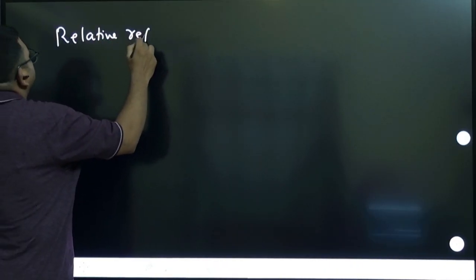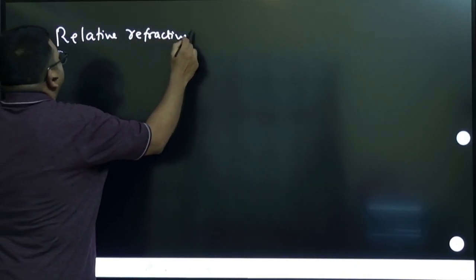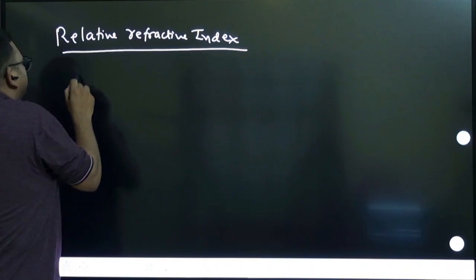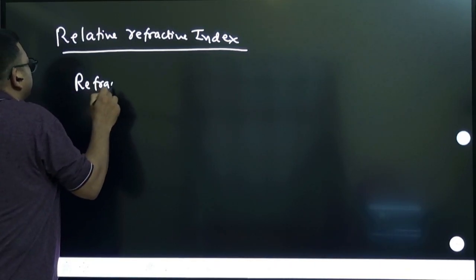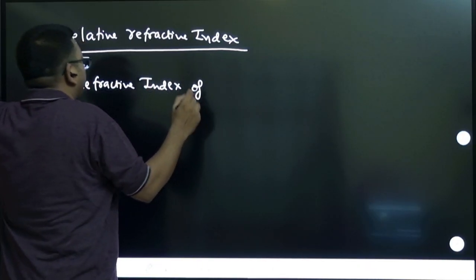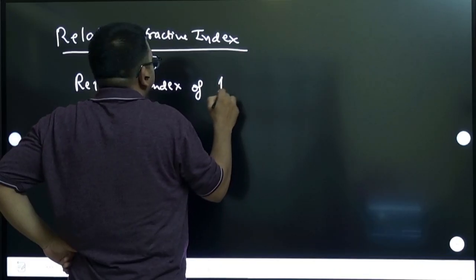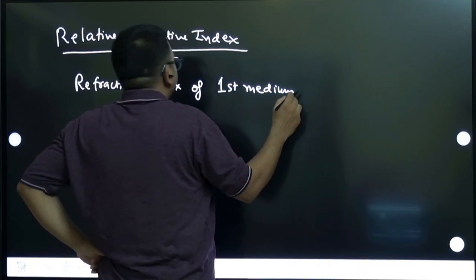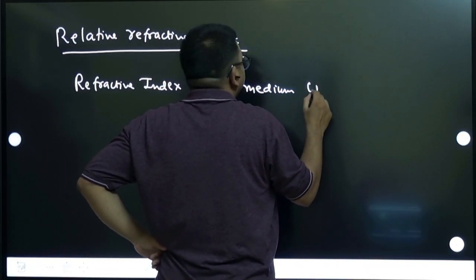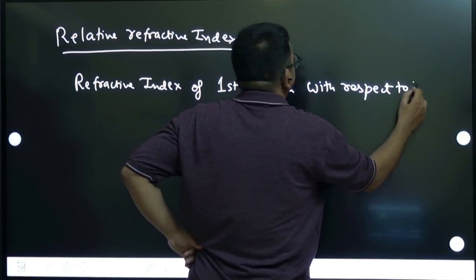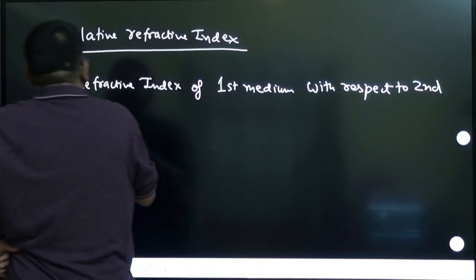Relative refractive index means the refractive index of the first medium with respect to the second medium.